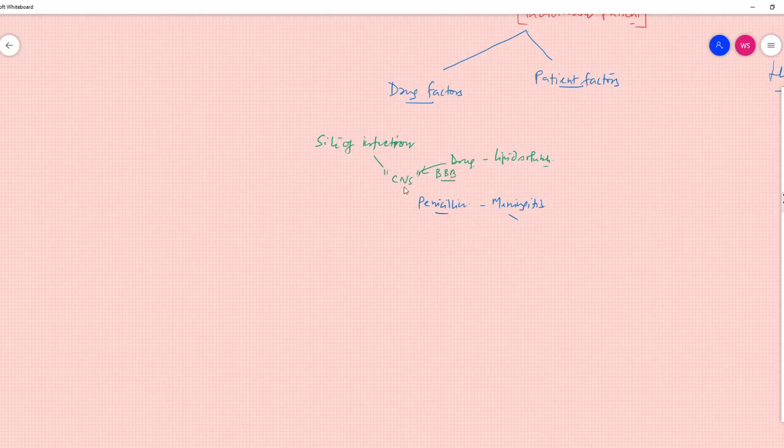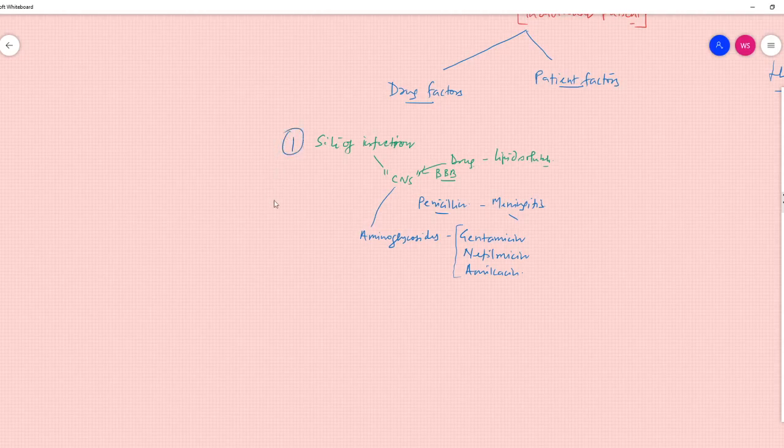What are the other drugs that can easily reach the CNS? We have aminoglycosides. Okay, like what? Gentamicin, netilmicin, amikacin. These drugs can easily reach the CNS.